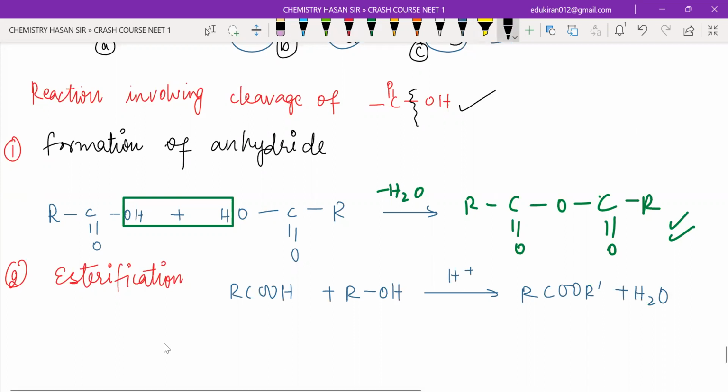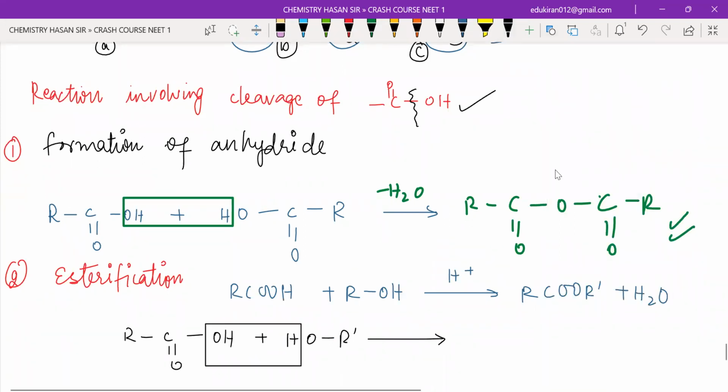So how does the reaction take place? It's very easy. Always remember that you are going to remove OH from the carboxylic acid and H from the alcohol. H from alcohol. Then you will be getting the ester.